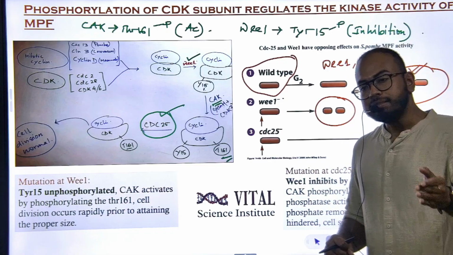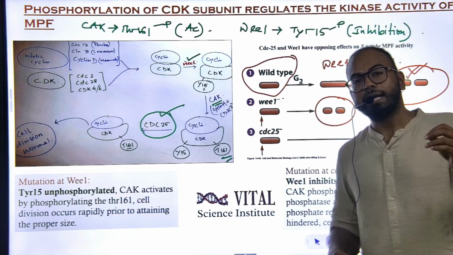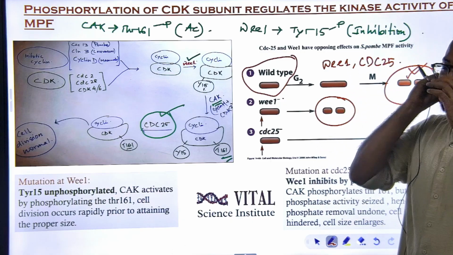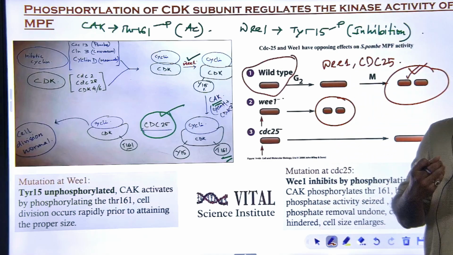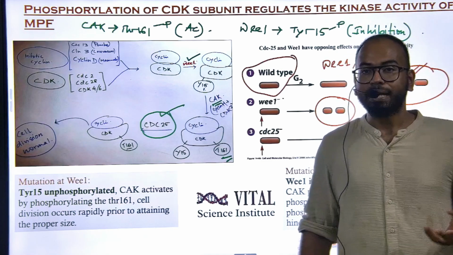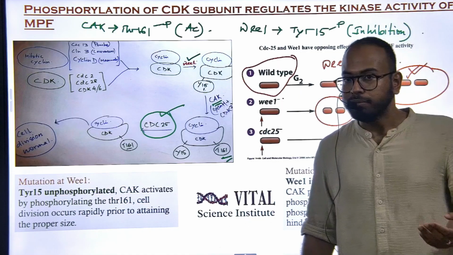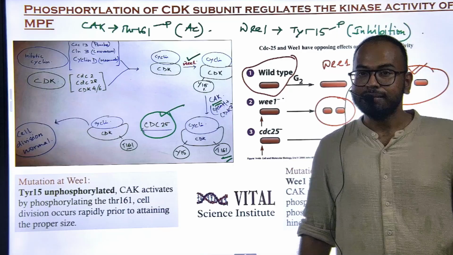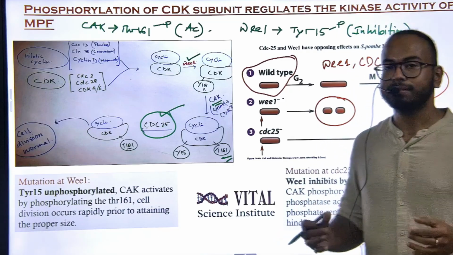Now, as tyrosine 15 is unphosphorylated, the CDC25, which is a kind of phosphatase that removes the phosphate group from the tyrosine 15, won't be able to perform its activity, or rather it is not required in this case. As a result, the cell will readily undergo division forming smaller sized cells.